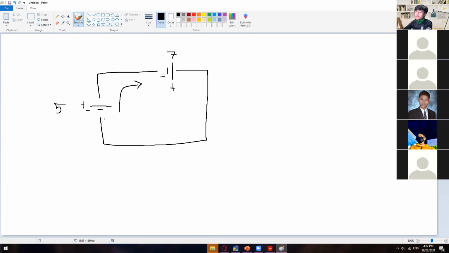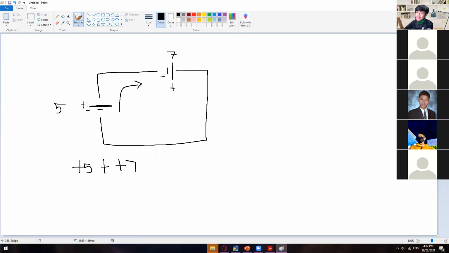So they will simply add with each other. We have positive 5 plus positive 7. How did I get this positive? I always base my sign on the last polarity of my component.